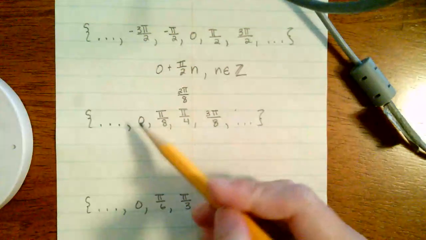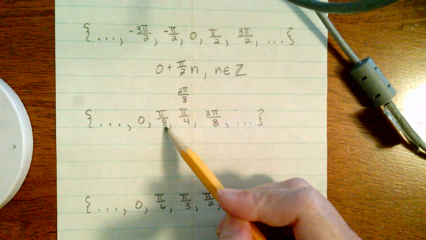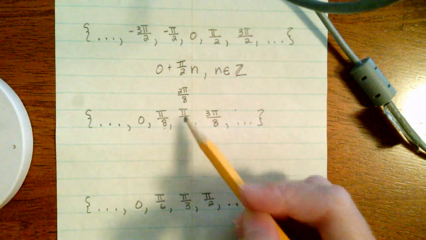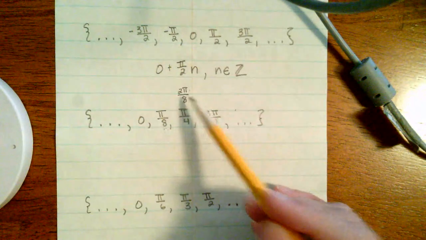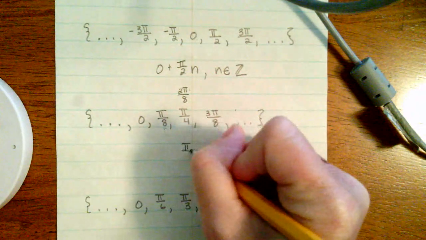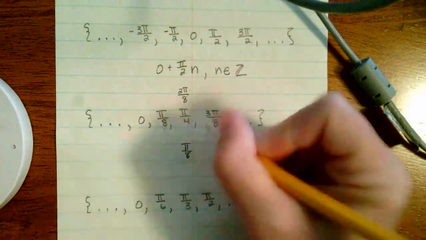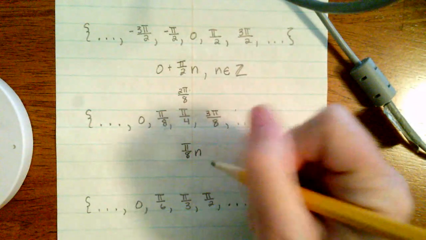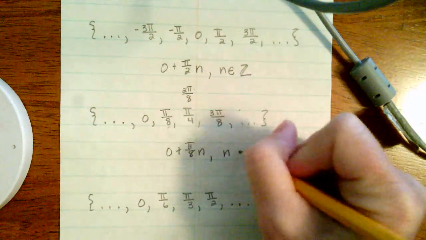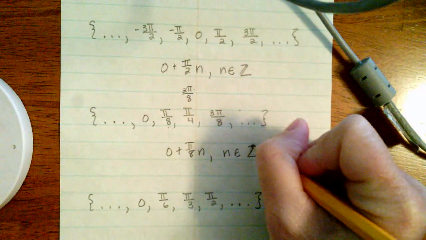Hopefully you can see 0 to pi over 8, we're going up by pi over 8 to 2 pi over 8. Again, we're going up by pi over 8, 2 pi over 8 to 3 pi over 8. We're going up by pi over 8. We're multiplying that n times. We're starting at 0. And again, n is an element of the integers.